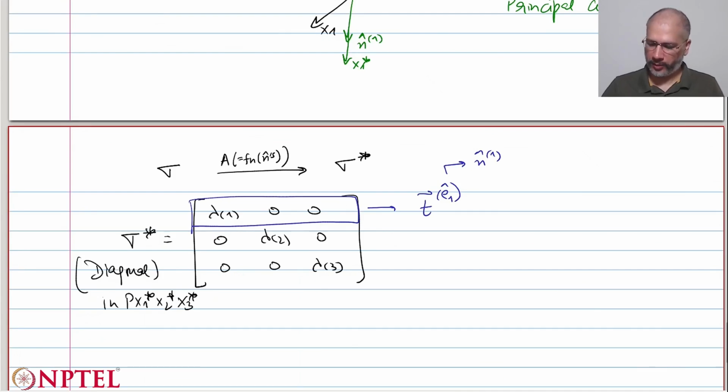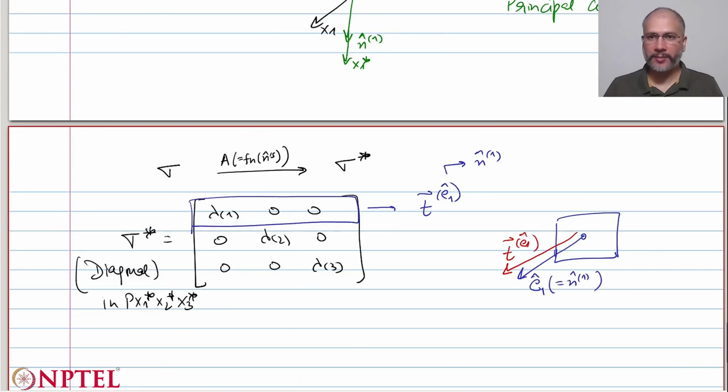So if I was to draw this, this is in the starred coordinate system, this is the e1 hat direction, which is the same as the n1 hat direction, and the traction vector in this case is also along e1 hat. So that basically means that these components are zeros.